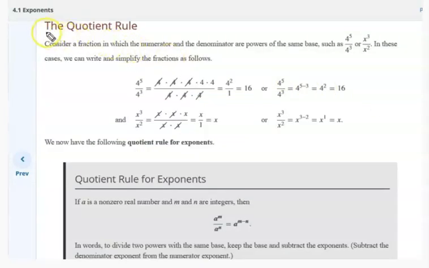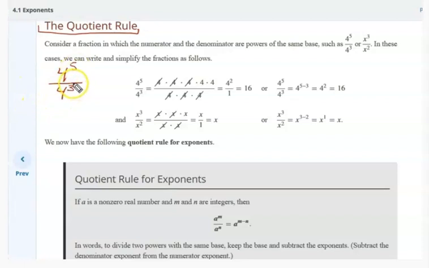Now, for background, again, you're going to write the quotient rule, where we have 4 to the 5th divided by 4 to the 3rd. Now, in the product rule, if we're multiplying, we add. In division, it seems reasonable that we're going to subtract.